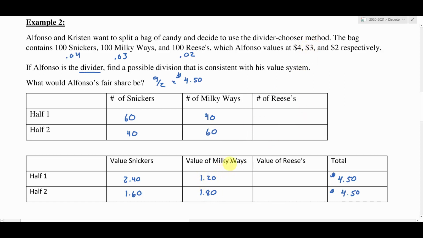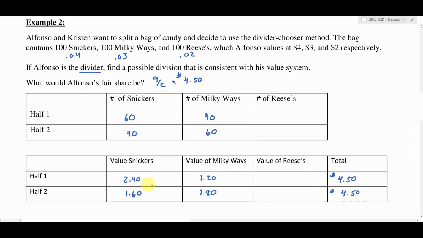Now this is where we use a little bit of algebra. If I look at the total value that I currently have, I have $2.40 here, $1.20 here. If I add those together, what I get is $3.60 worth of candy. It forces me to put a certain number of Reese's into this half because I can only put $4.50 worth of candy in this half.